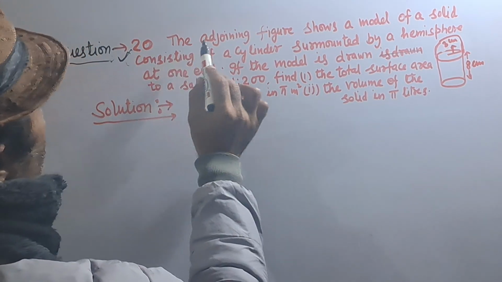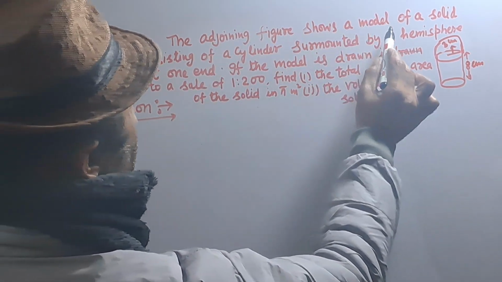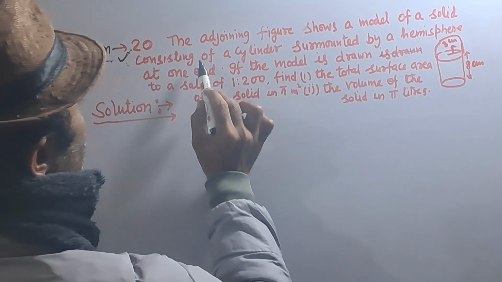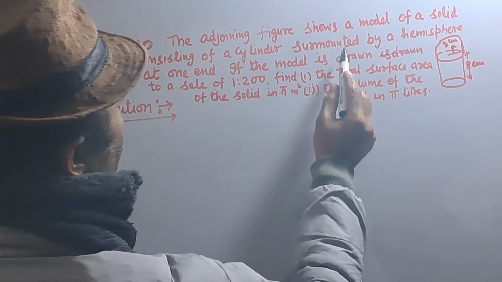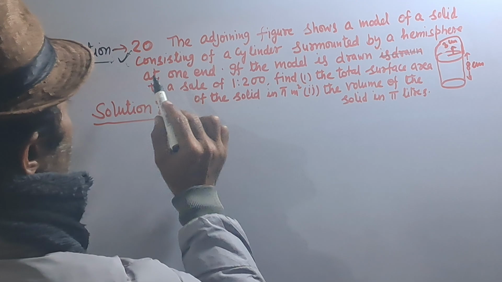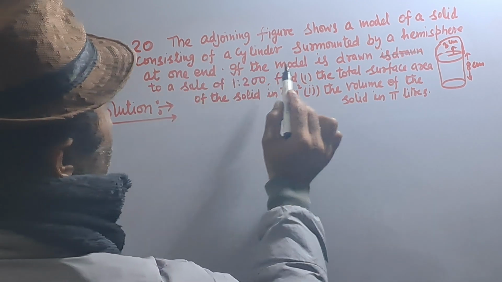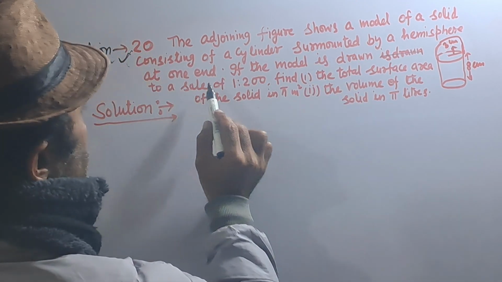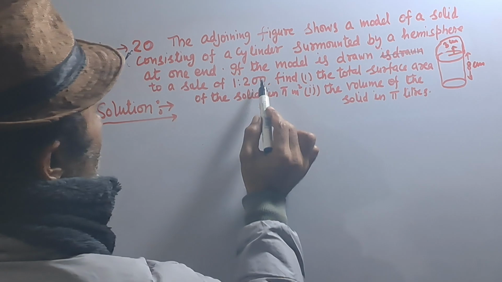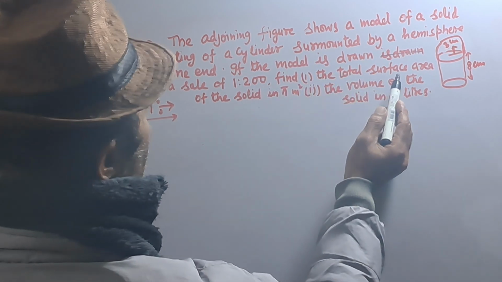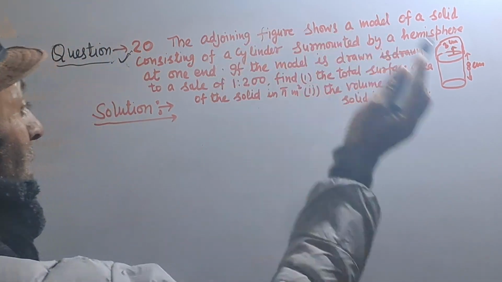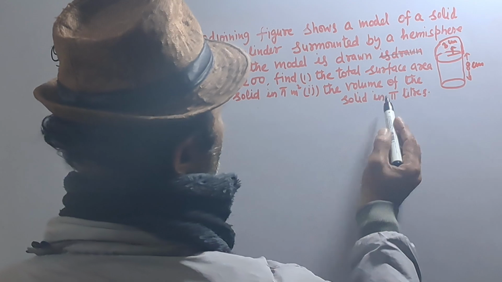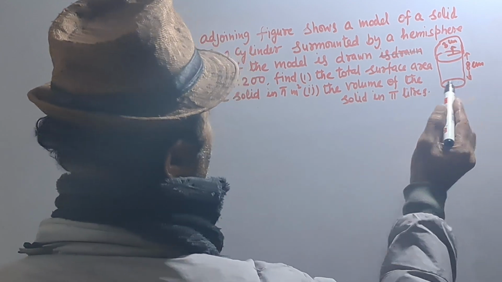Question 20. The adjoining figure shows a model of a solid consisting of a cylinder surmounted by a hemisphere at one end. If the model is drawn to a scale of 1:200, find the total surface area of the solid in pi meter square and the volume of the solid in pi liters.